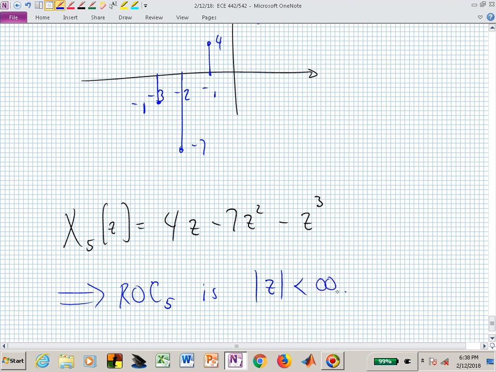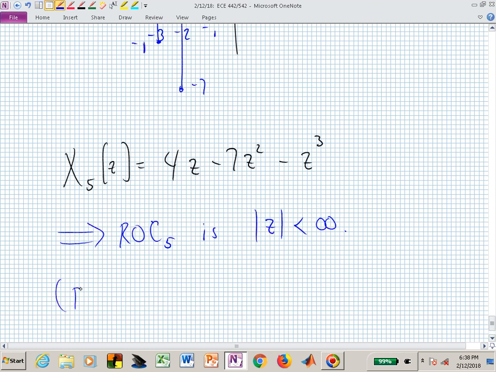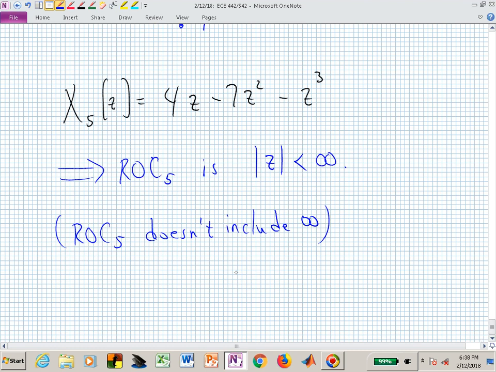As long as z remains bounded, we're okay. Here, region of convergence 5 doesn't include infinity, and region of convergence 5 remains bounded.